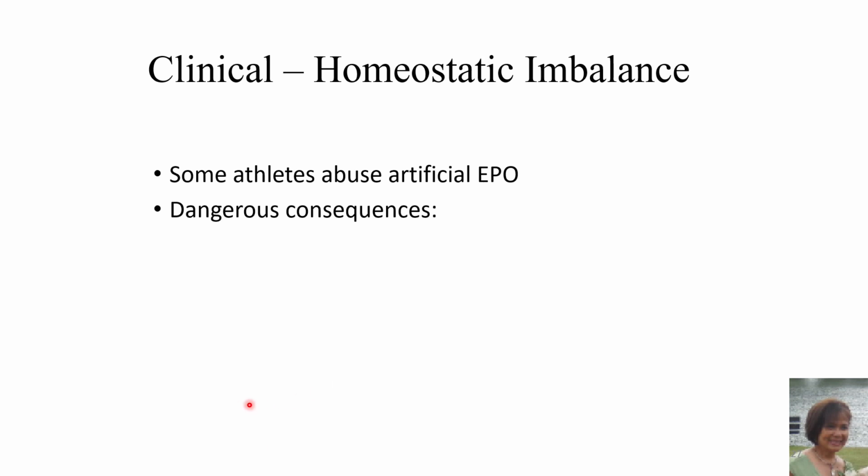So let's take a look at some homeostatic imbalances regarding EPO or the production of red blood cells. Some athletes abuse artificial EPO. So they said, oh, we can actually increase our red blood cell content. Now, athletes, remember, use their muscles, and according to AMP1, when your muscles are contracting, you are using up your oxygen.